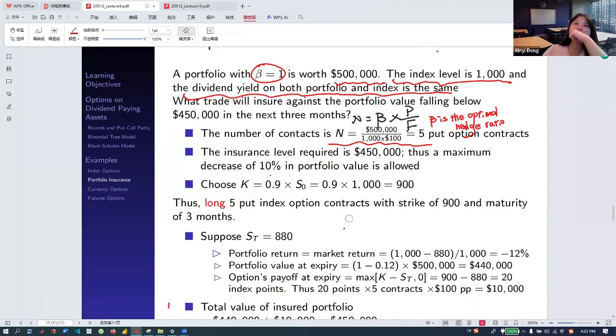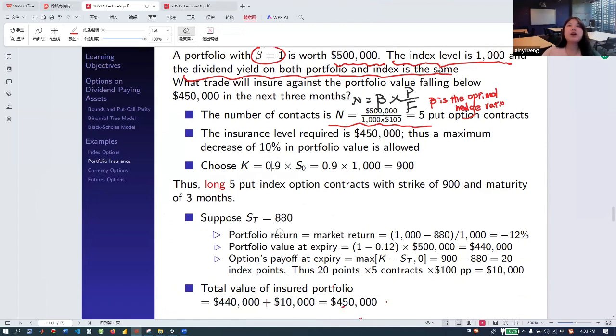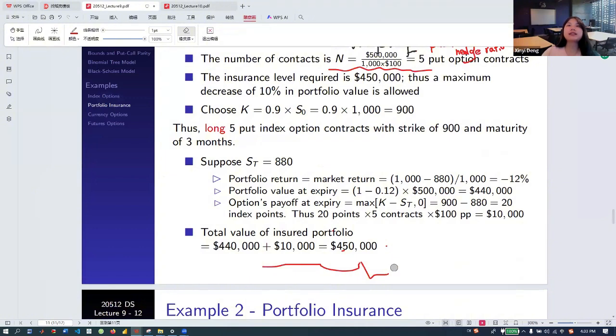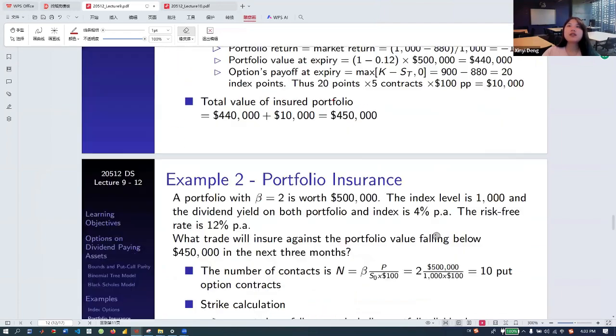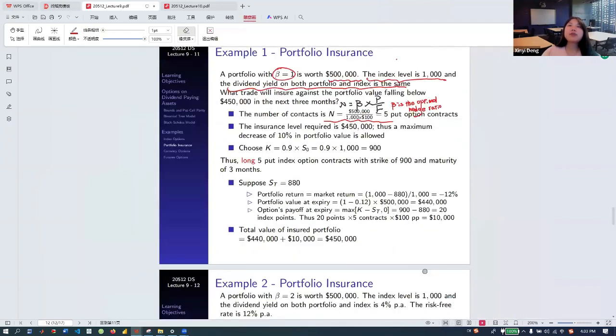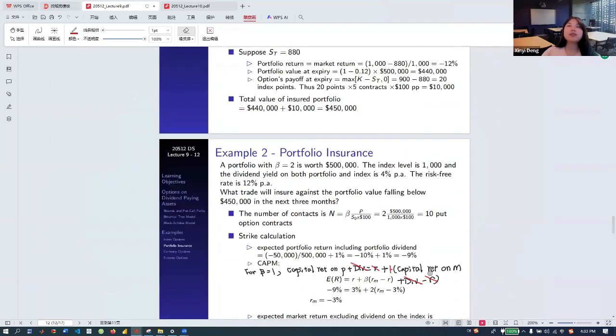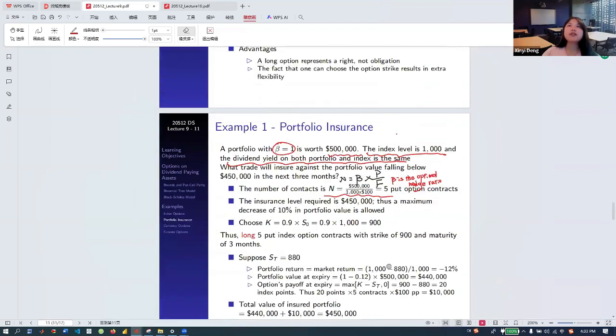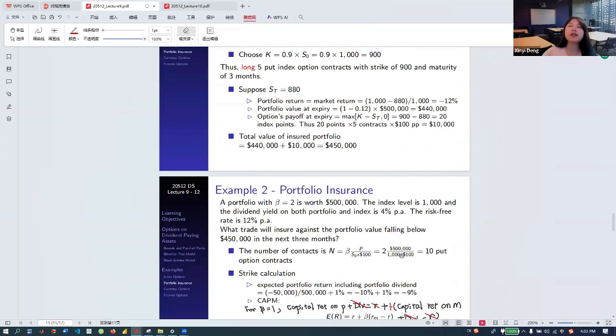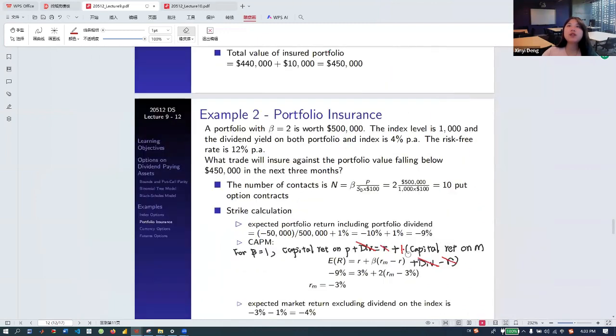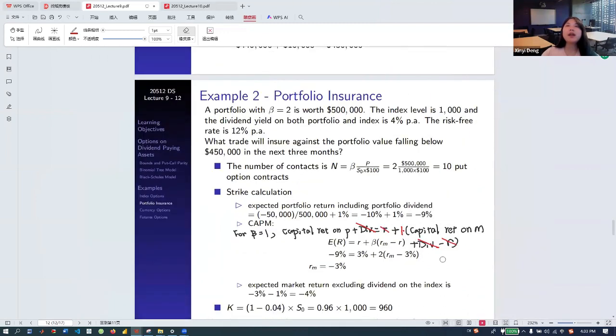Now let's move on to the second example, still on portfolio insurance. Here, we don't change anything else. We only change the beta. So instead of beta equal to 1, now we assume that beta equals 2.